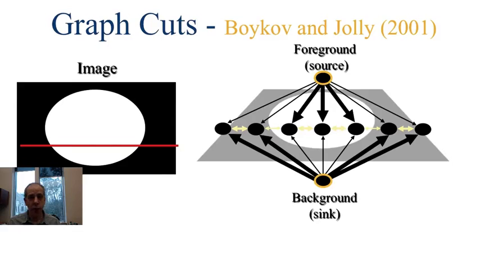The weights have to be basically something that promotes pixels that are very similar to stay together, to stay in the same segment, and pixels that are very different to become different segments, foreground and background. For example, we could put weights that are proportional to the gradient.